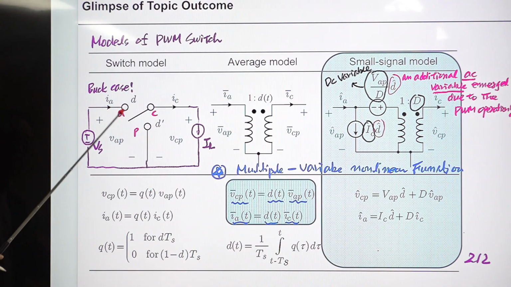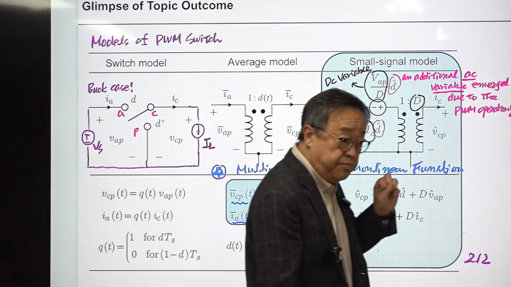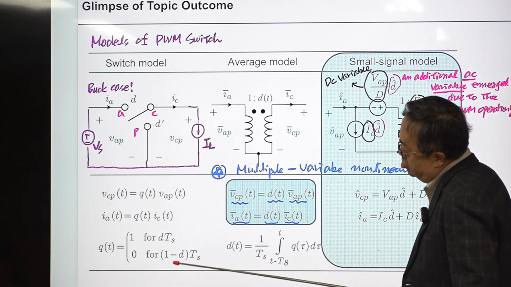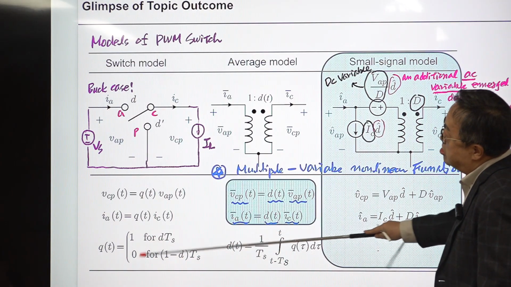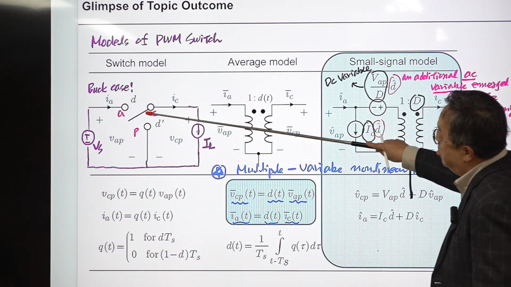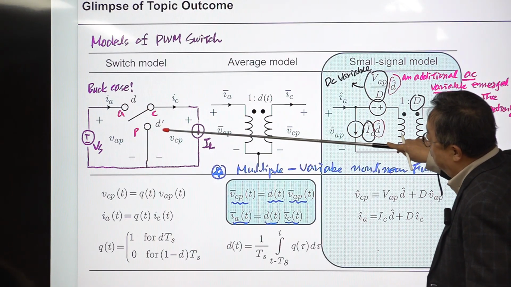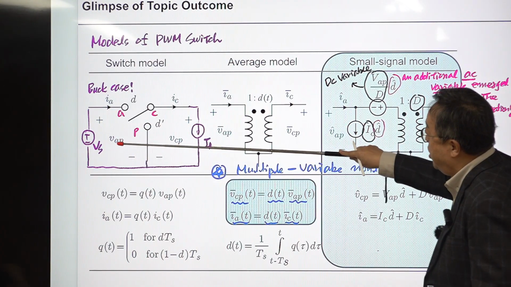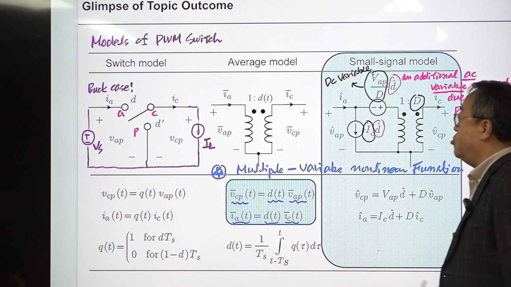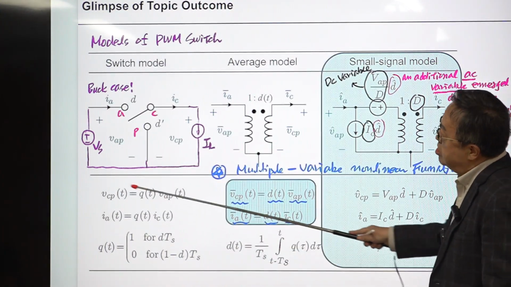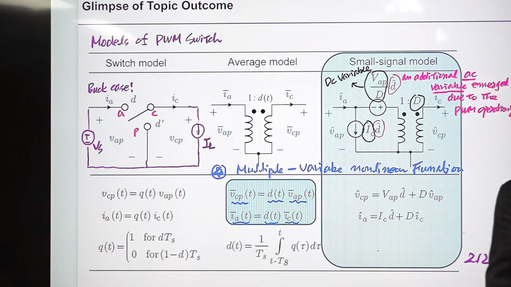This VAP and IC are continuous variables, multiplied with a switching function, which can have a value of 1 or 0 depending on the time period, so this is a time varying variable. When this is connected to the A terminal, VCP is the same as VAP. When this is connected to the other terminal, VCP is 0. The same is true for the inductor current. So this is just the functional, not mathematical, description of the operation of a PWM switch.